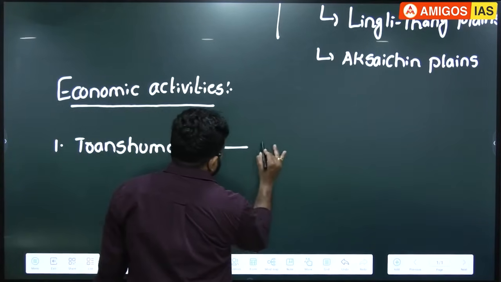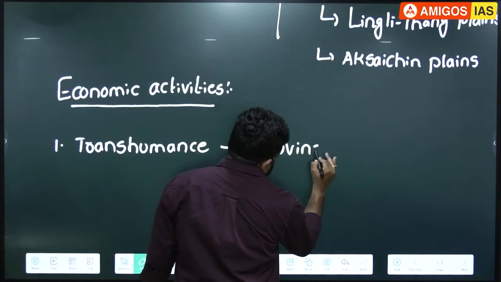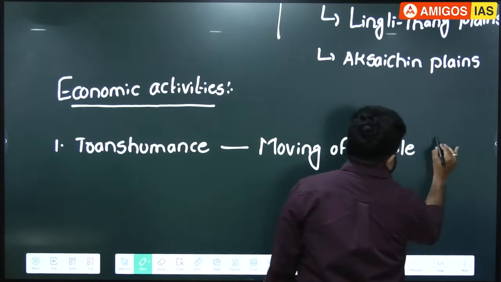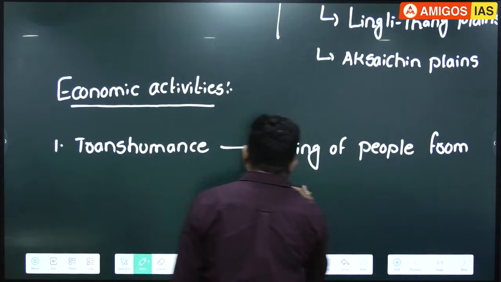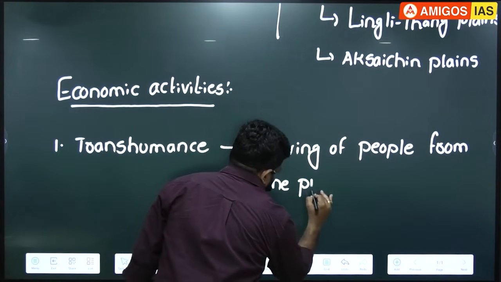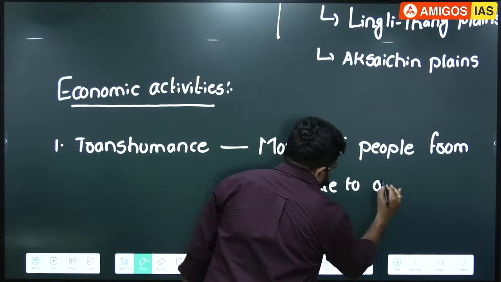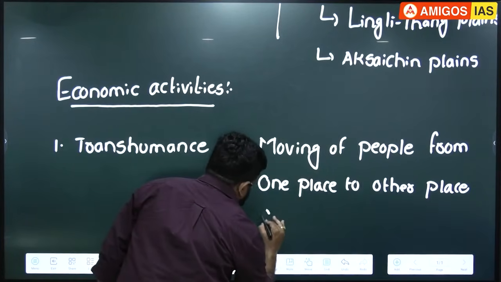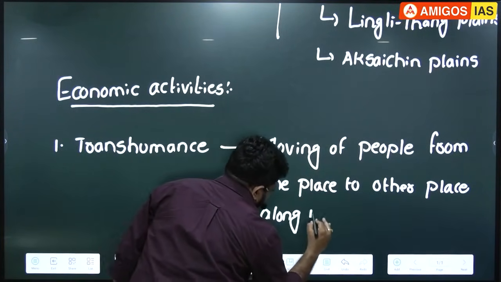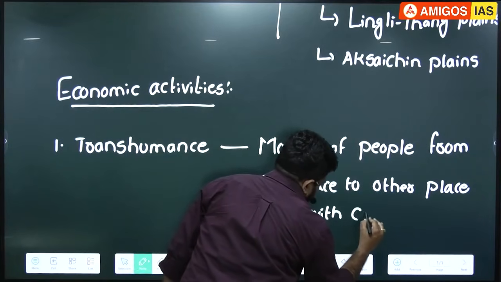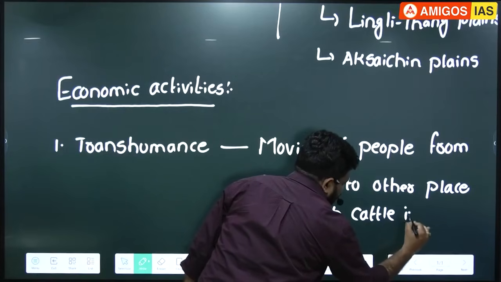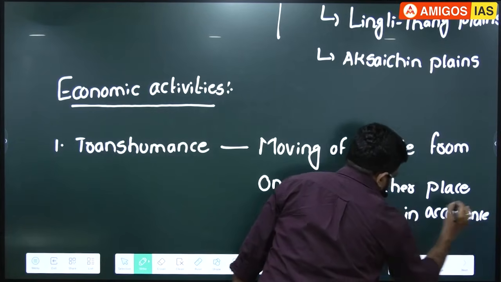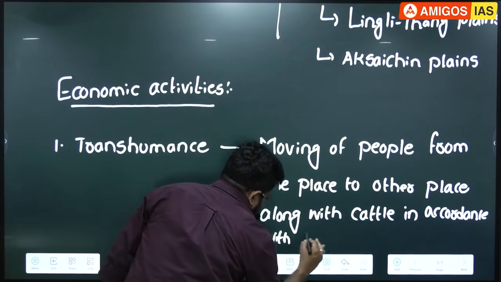Transhumans are nothing but moving of people from one place to other place along with cattle in accordance with seasons.